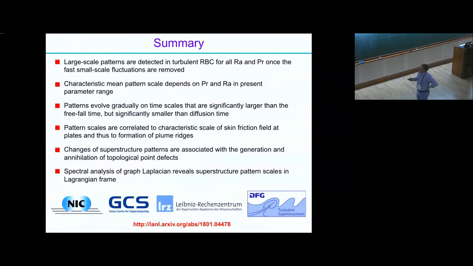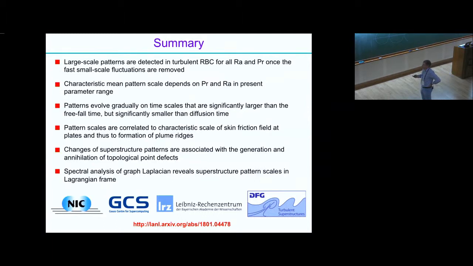We have shown that these patterns are connected to the formation processes in the boundary layer, to the plume formation and plume clustering in the boundary layers, and they can be brought into relation with the skin friction field, which is a nice blueprint of what's going on in terms of the advection of the temperature field near the plates.